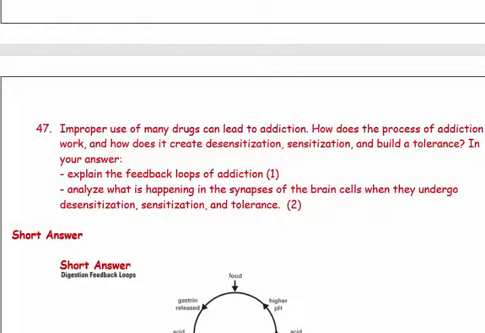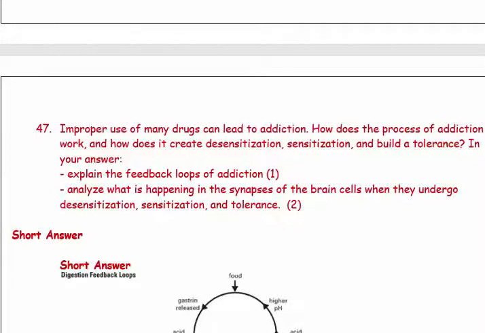The drug that increases it will lead to desensitization, which means that larger drug doses are needed to get the same effect. While drugs that reduce the amount of neurotransmitter in the synapse will lead to sensitization. Sensitization means that the drug lowers the amount of neurotransmitter, so the brain cells increase the number of receptors, generating more impulses despite the lower level of neurotransmitter.